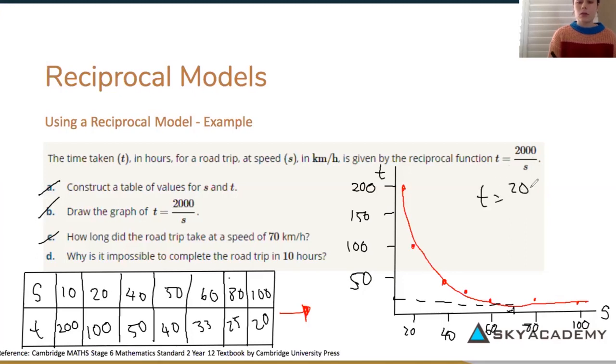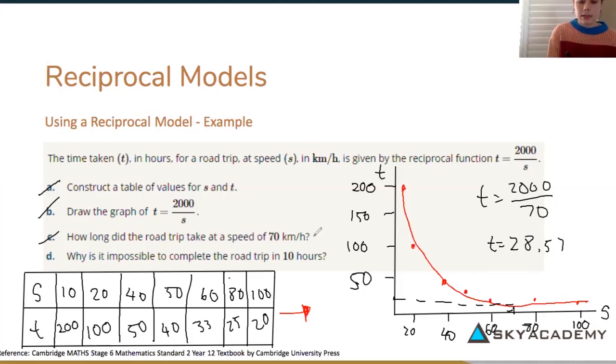I'm going to check my time, see if it took around 30 hours, see if my graph is correct. If you put it in your calculator, the answer comes to 28.57. So it's roughly 30, just a little bit under. So I think we're pretty accurate saying 30 hours.